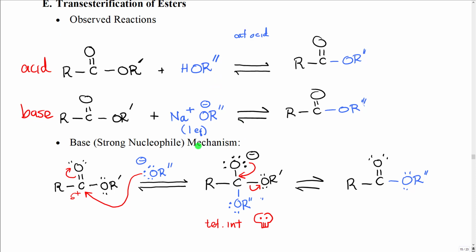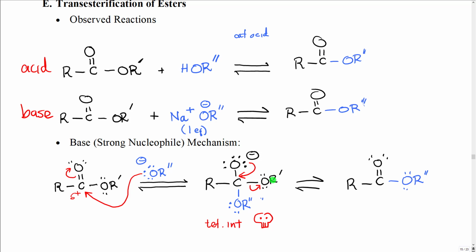If we look at the mechanism, the base mechanism follows classic SNAC. Our alkoxide reacts with the carbonyl carbon, moves a pair of electrons out of the way, tetrahedral intermediate, there's our tetrahedral intermediate again. Electron pressure pushes out one of these two groups. These are going to have very, very similar associated pKa's.